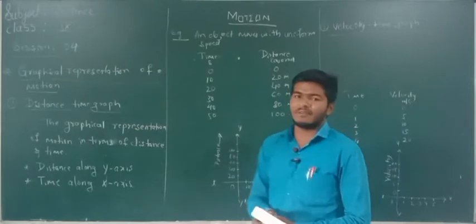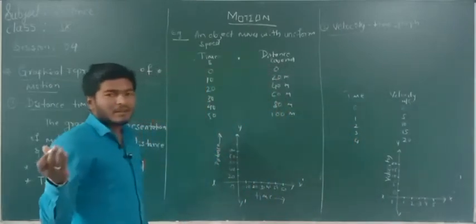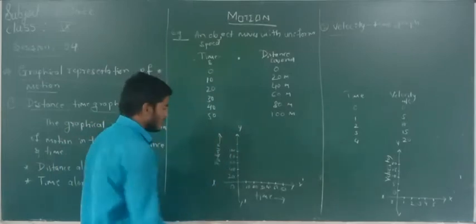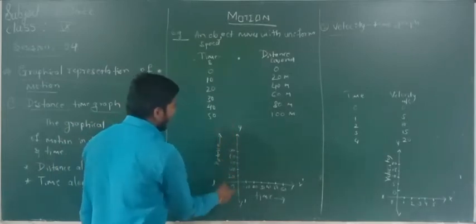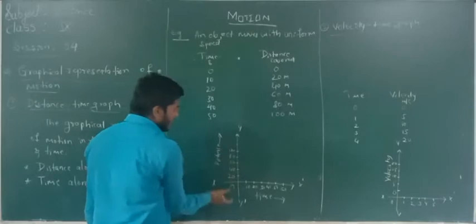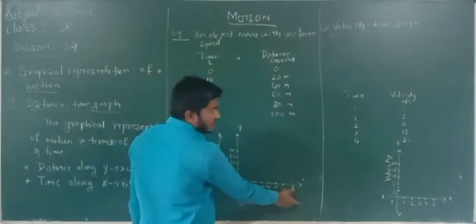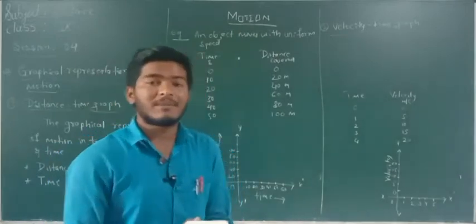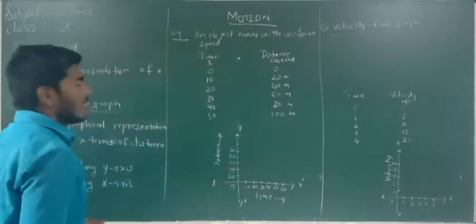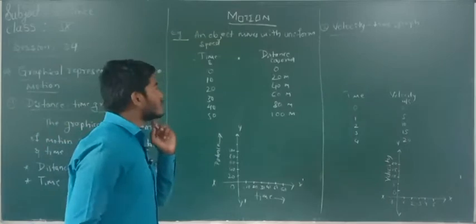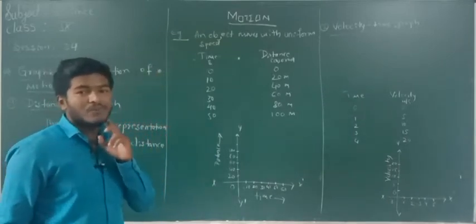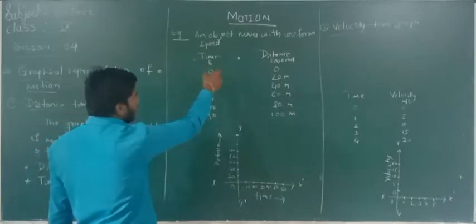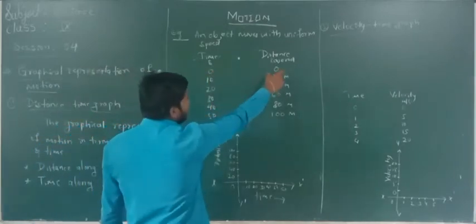Listen here. In your graph book, we are going to take two axes, the x-axis and the y-axis. Along the y-axis, y dash, we consider distance, and along the x-axis we consider time. I am considering one example. Assume that a car moves with a uniform velocity or uniform speed. At 0 seconds, it covers 0 distance.